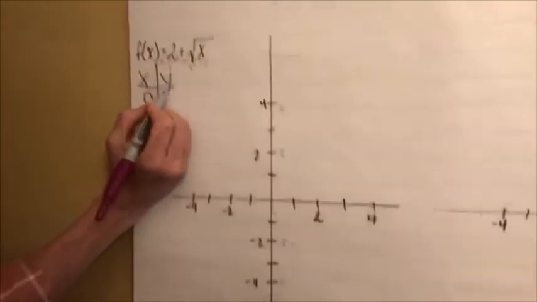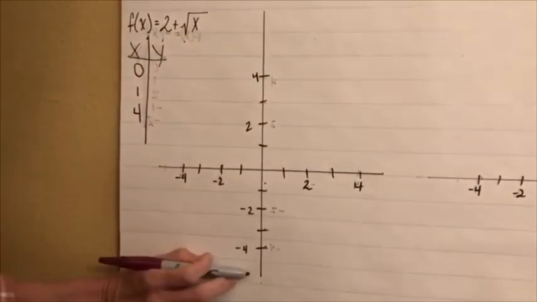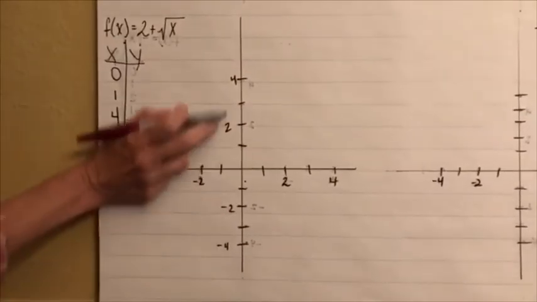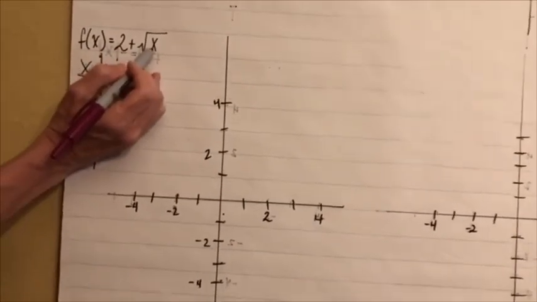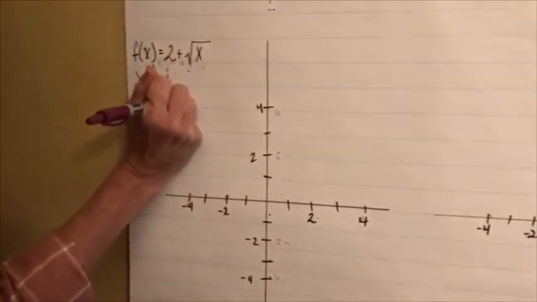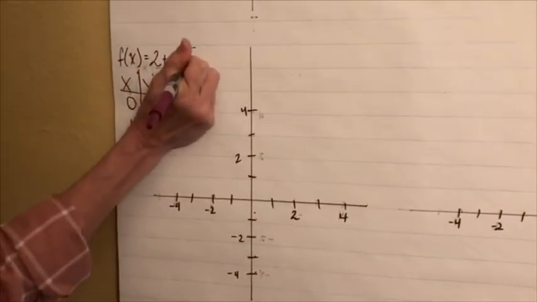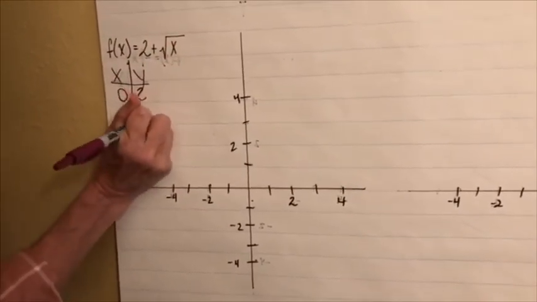Here we have, this is going to be a shift on the y-axis. So is it going to be an upshift or a downshift? Let's substitute numbers in order to find out. When x is 0, y is 2. When x is 1, well, the square root of 1 is 1. 1 plus 2 rather is 3.